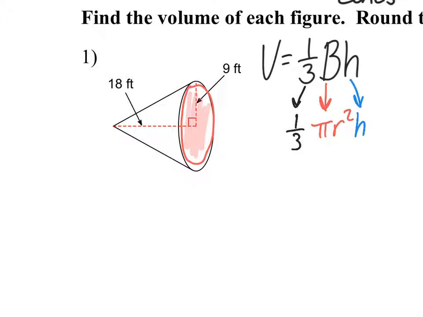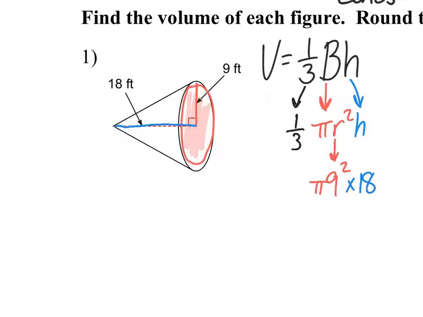On this first one, they already give us the radius. The radius is halfway across the circle. So I'm just going to take that r and plug in 9. And I know it's going to be squared. I know I have pi there. And my height of this cone is the distance from the top to the center of the circle. So my height is going to be 18 feet.